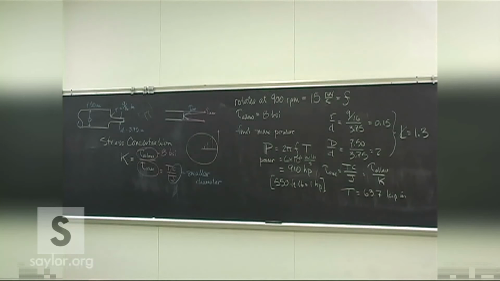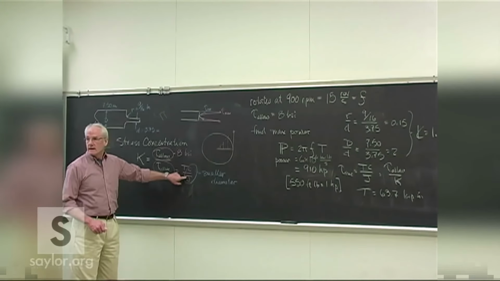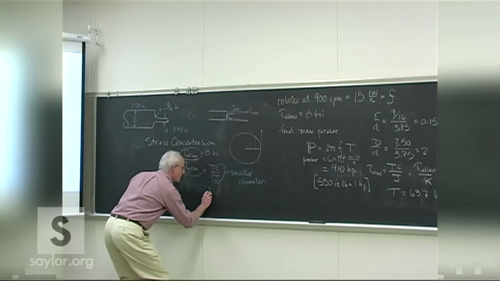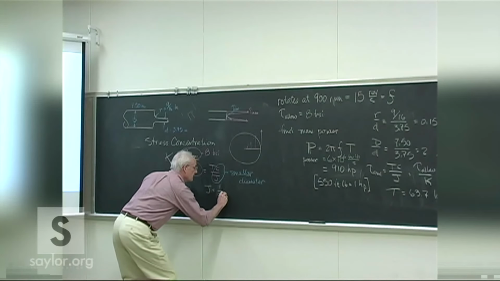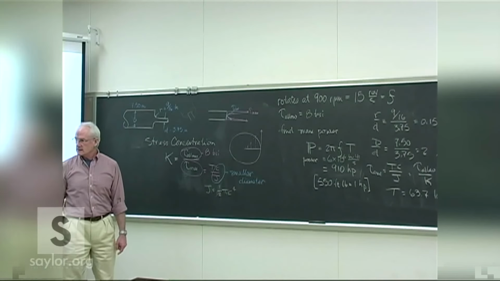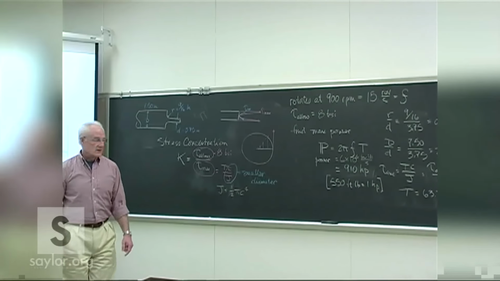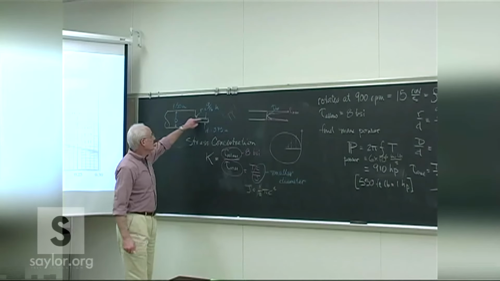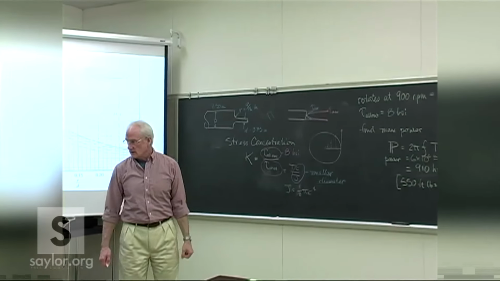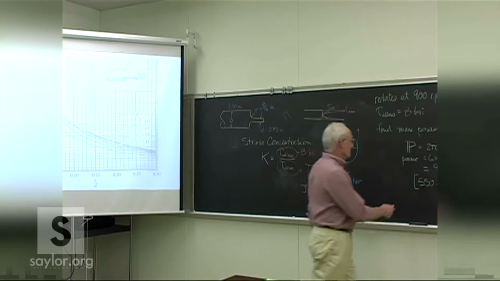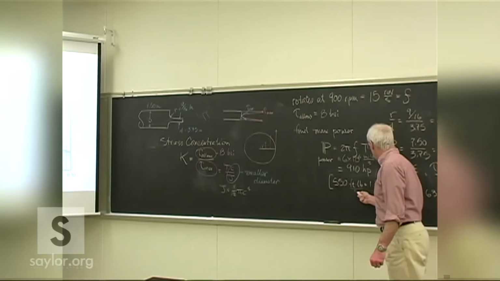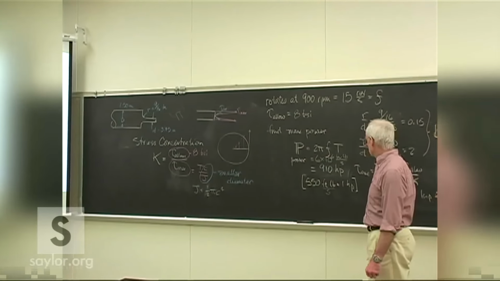How do you get J? One half pi diameter to the 4th. One half pi radius to the 4th, but which radius? The smaller one. These calculations are all done on the smaller shaft because that's going to be under the greatest load. This 550 foot-pounds per second equals horsepower.